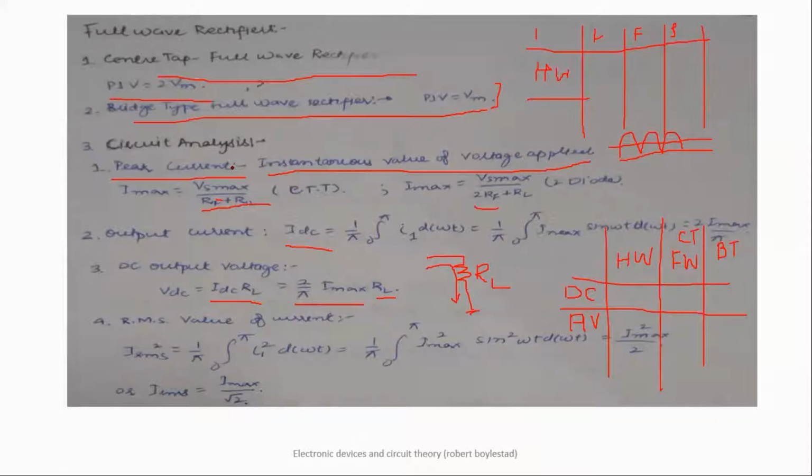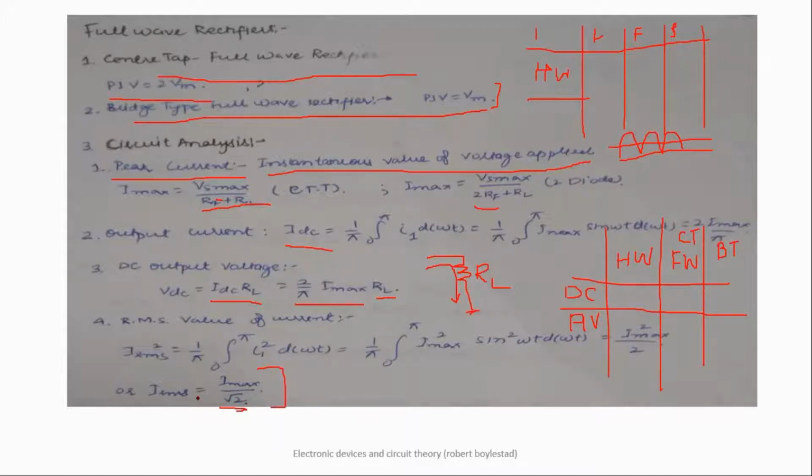We pass a particular DC current through that and note down how much heat is being produced, and then we pass AC, and we will look at how much AC is required to produce the same amount of heat as DC. So when we compare these two, the AC equivalent is called RMS. So its value is given by maximum value of current over root 2, Imax by root 2.